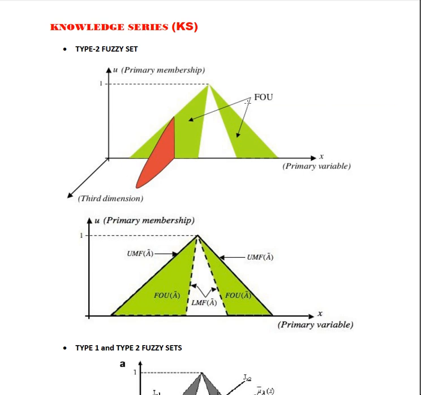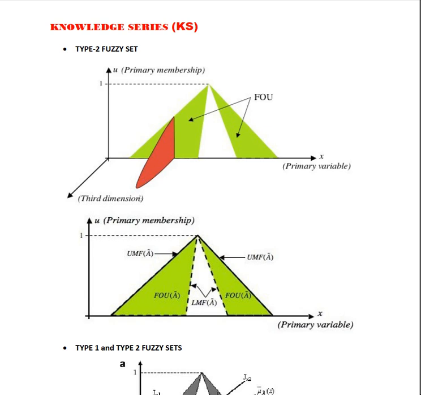So under the footprint of uncertainty, the boundary of the cross sections is used to describe the membership functions of a type 2 fuzzy set.